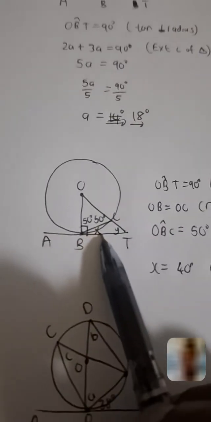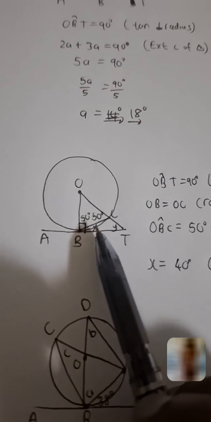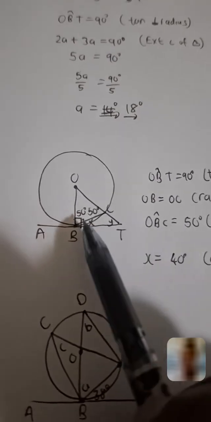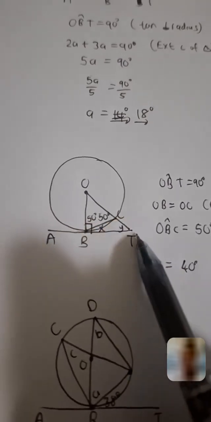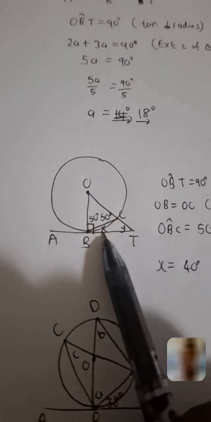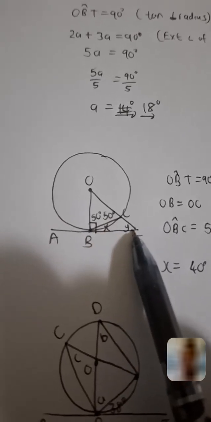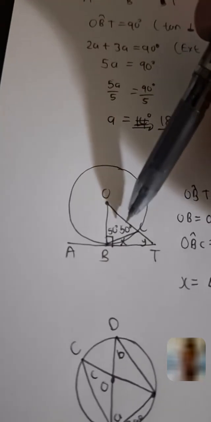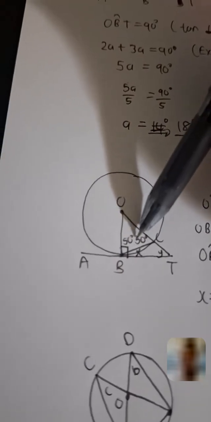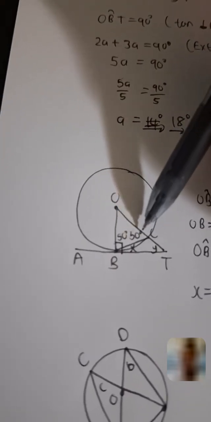Let's see. We're looking at this triangle BCT. X is 40, plus Y, is equal to 50 degrees, exterior angle.